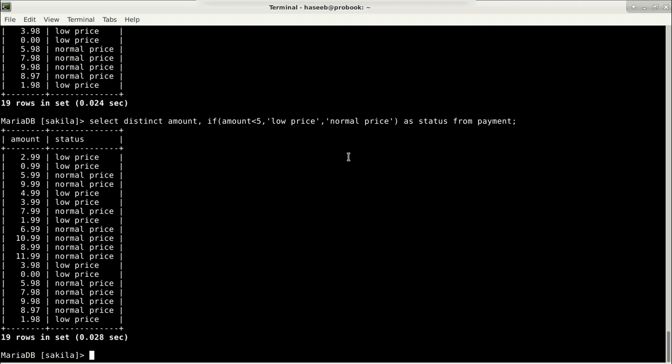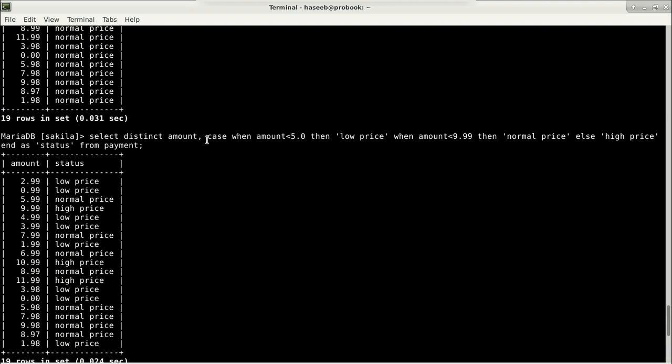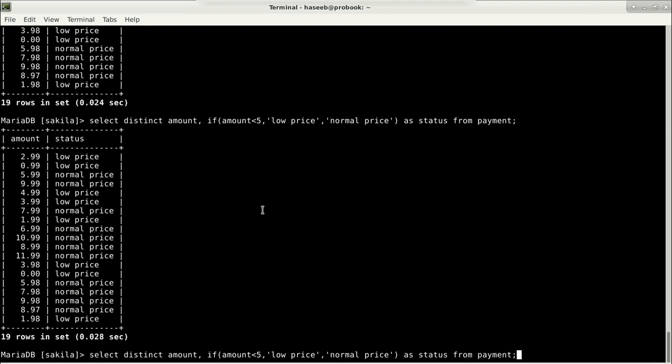And if we want to imitate this result, then instead of outputting normal price, we will write another if statement. We will write if amount is less than 9.0, print normal price, otherwise print high price.